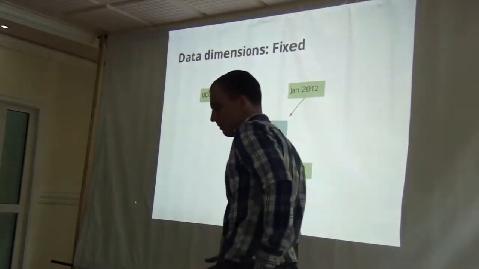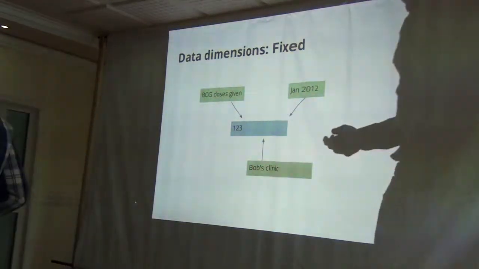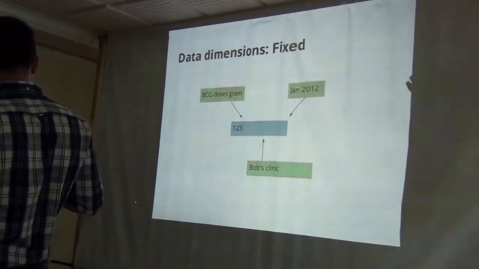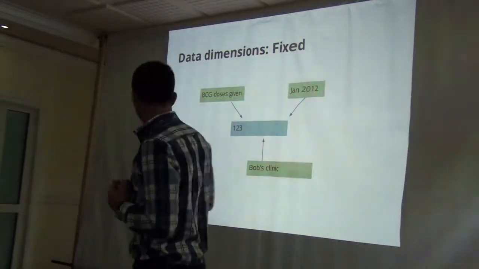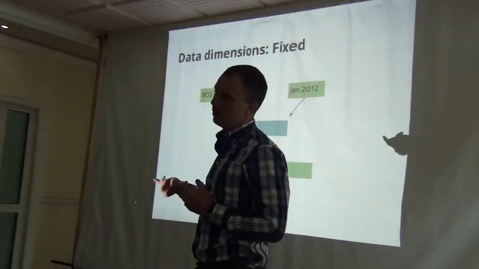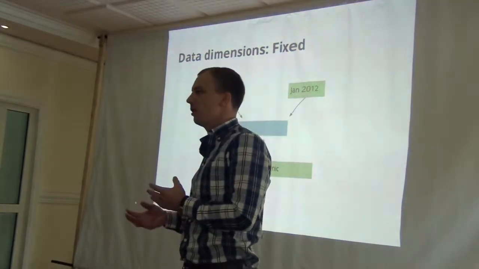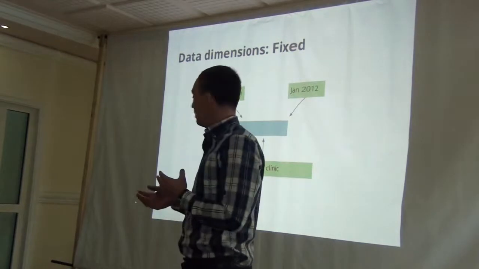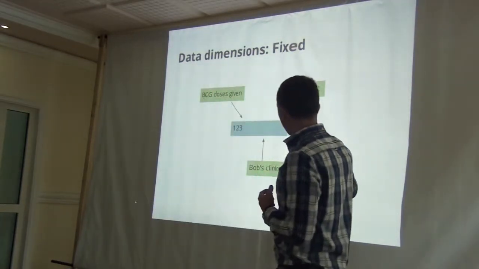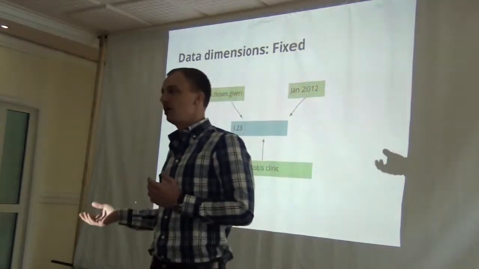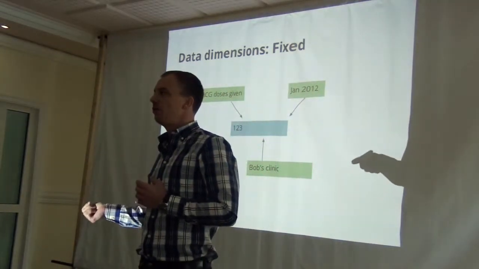So as an example, we have this one. In this example, we can see that the number is 123. And the dimension that describes the number is a data element called BCG doses given. So we now know that somebody gave someone 123 doses of BCG, right? We have the period, which in this case is January 2012. So we know that in January 2012, 123 doses were given.